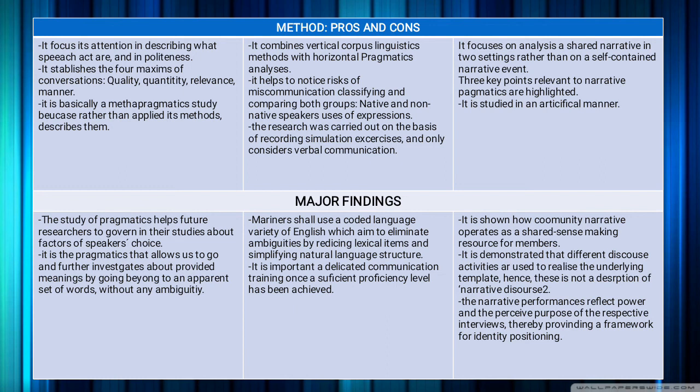It is shown how community narrative operates as a shared sense-making resource for members. It is demonstrated that different discourse activities are used to realize the underlying template. Hence, this is not a description of narrative discourse. The narrative performances reflect power and the perceived purpose of the respective interviews, thereby providing a framework for identity positioning.